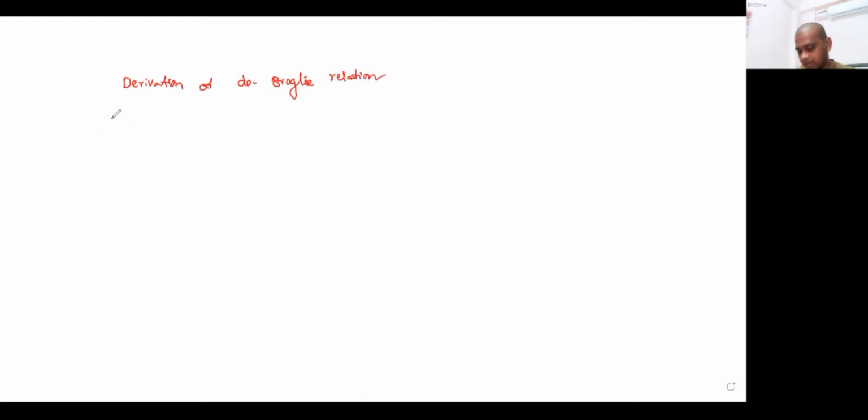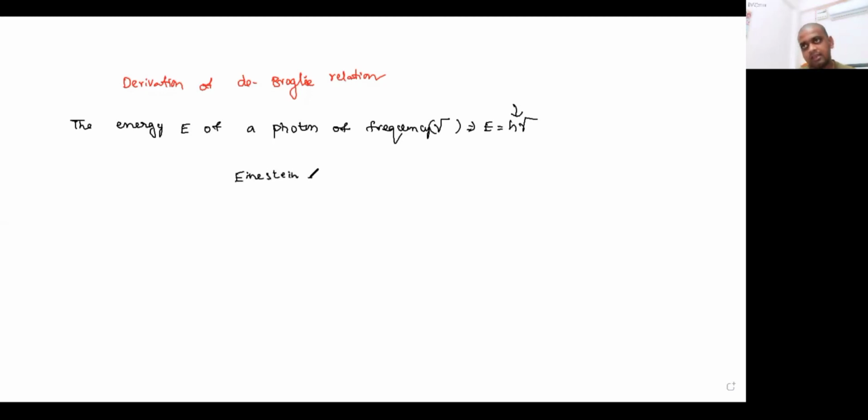The energy E of a photon of frequency nu is given by E is equal to h nu, where h is called Planck's constant, and the Einstein equation is E is equal to mc square, where m is the mass of the electron, c is the velocity, h is Planck's constant and nu is the frequency.